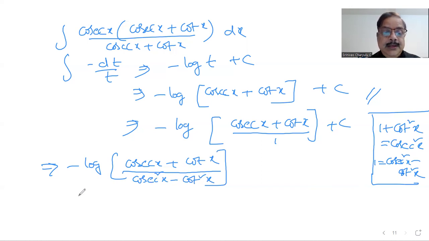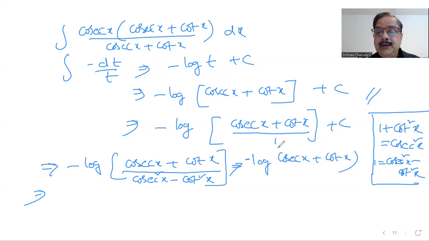Now we use the a square minus b square formula in the denominator. So minus log of cosecant x plus cot x whole thing divided by cosecant x plus cot x, a plus b into a minus b.